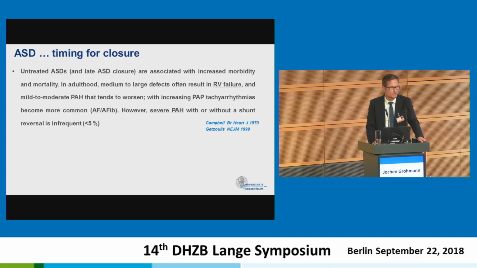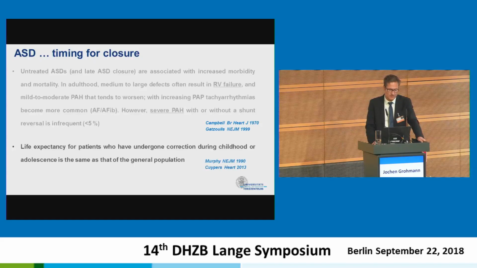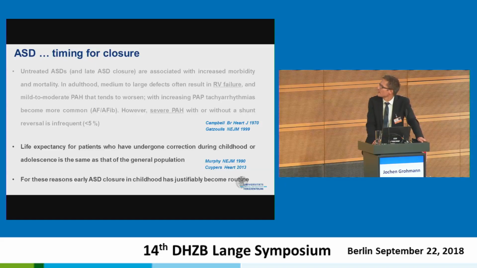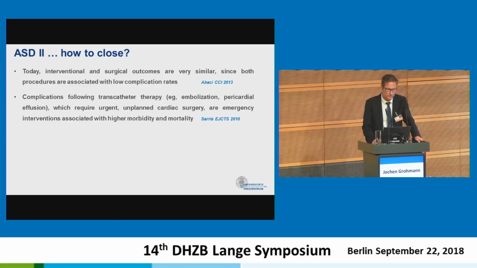However, severe pulmonary arterial hypertension, with or without shunt reversal, is infrequent or even rare. Corrective surgery or interventional closure in childhood gives a normal life expectancy, and this is the reason why it's routine nowadays to close the ASD in childhood.